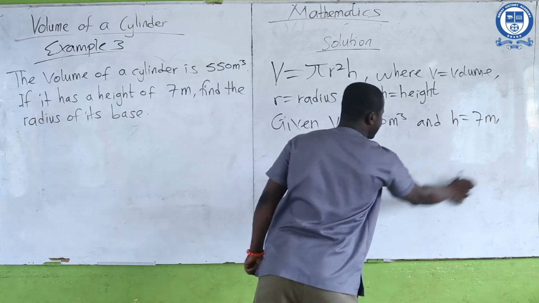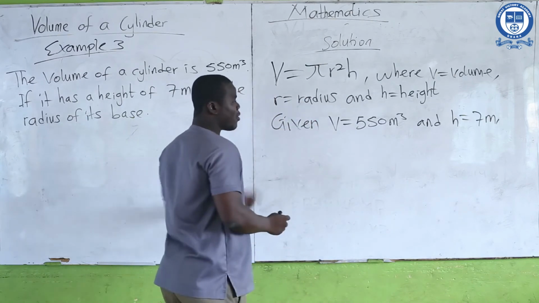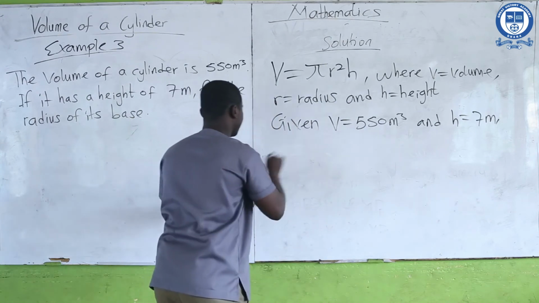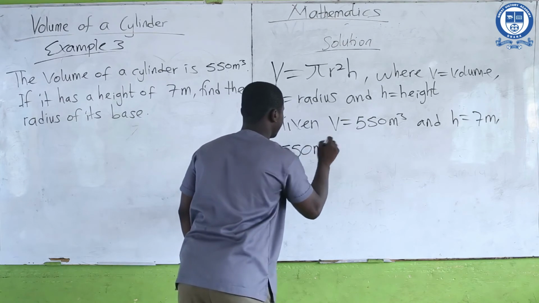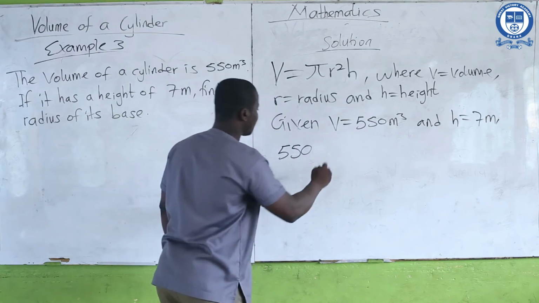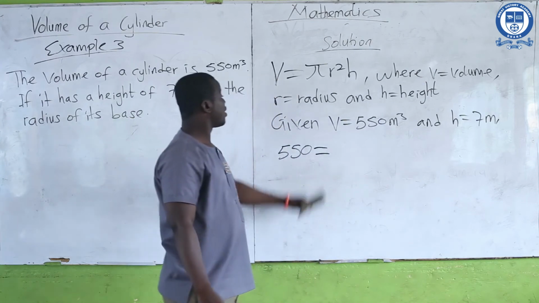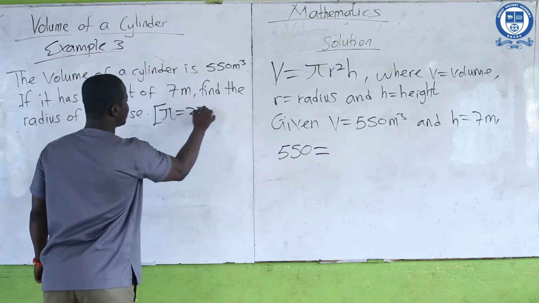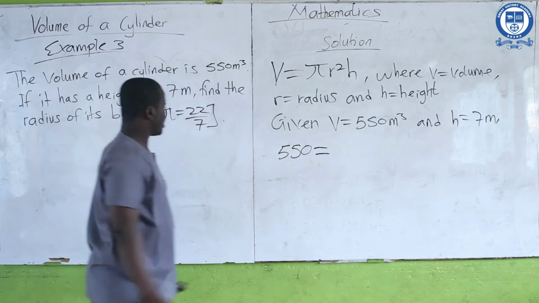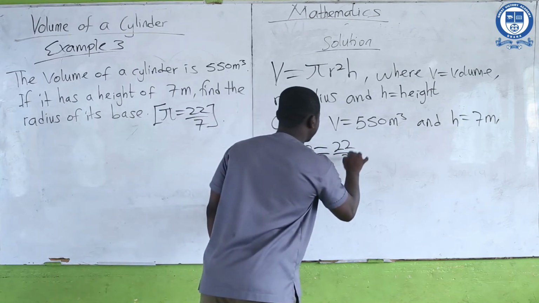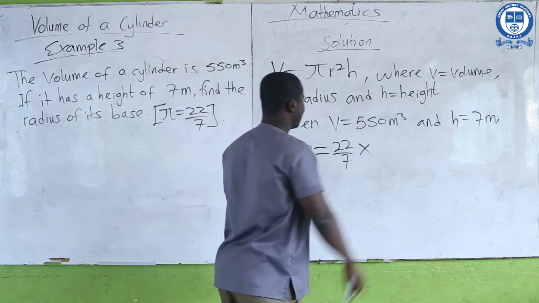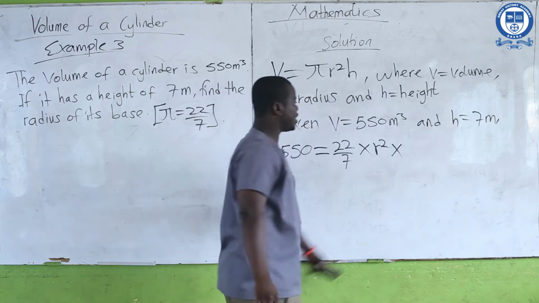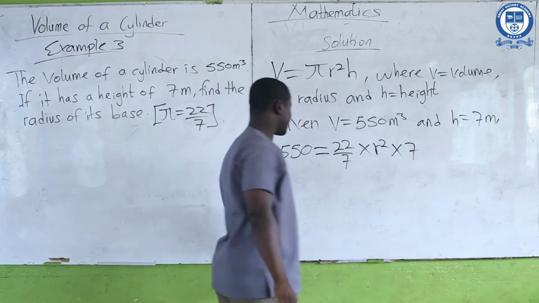What does that imply, or what does that mean? What it implies is that our volume, which is 550, let's ignore the units for now, is simply going to be equal to pi, and here, once again, let's consider pi to be equal to 22 over 7, multiplied by r squared, times h. h was given to us as 7 meters.